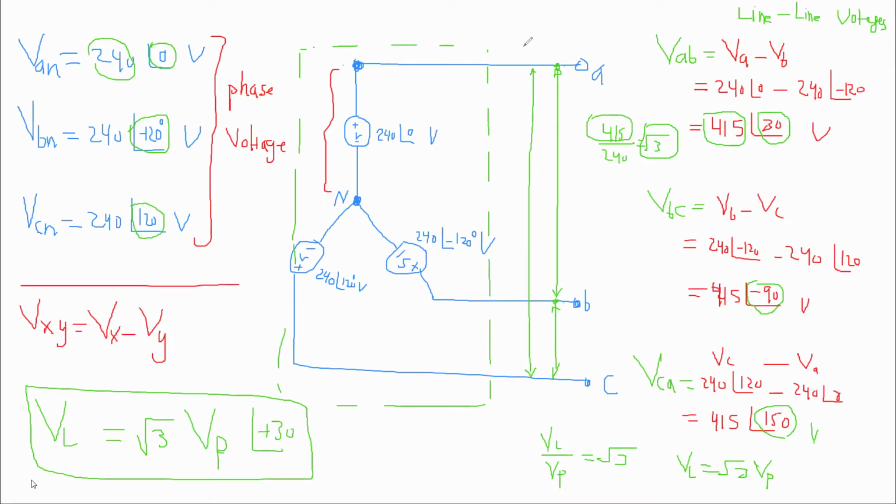Now I'm going to give you a couple of examples on this. We have a Y connection source. The voltage is 80 angle 20, let's say.